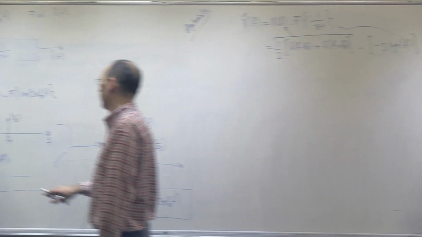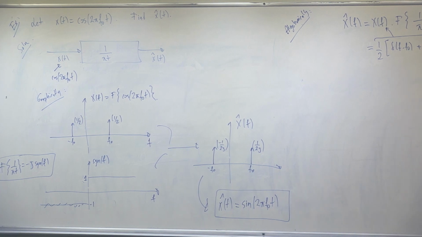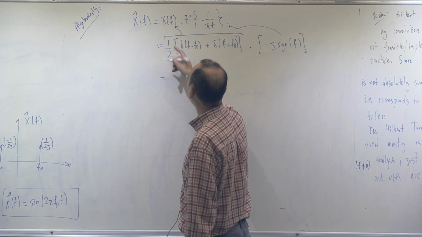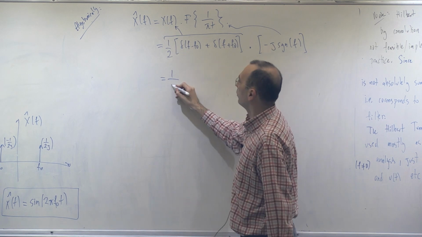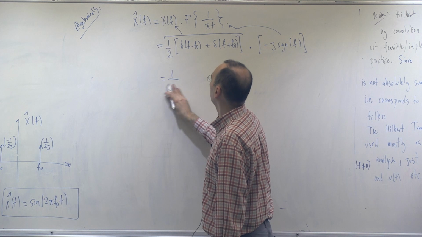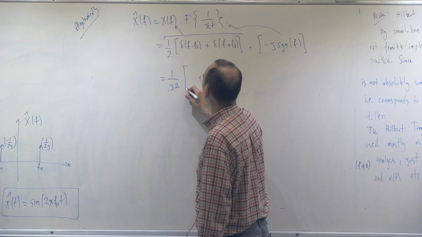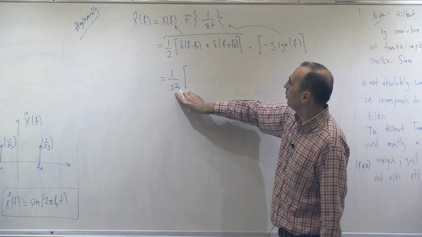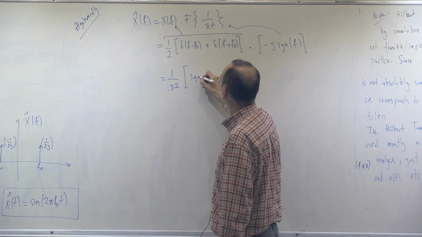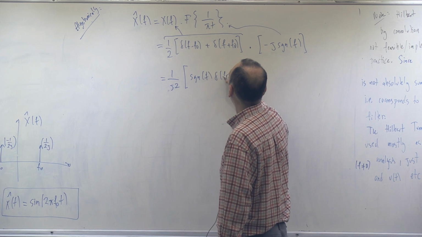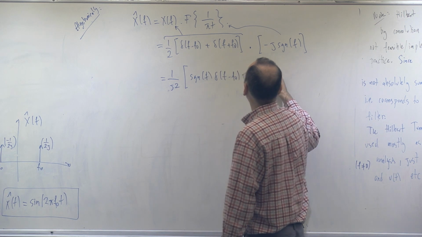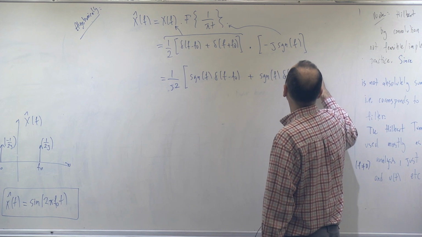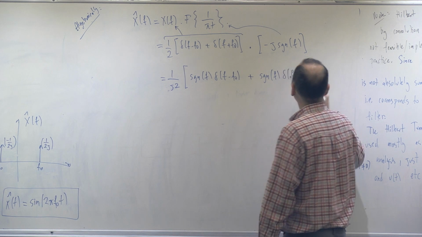Now I multiply them algebraically. Let me put this minus j in the denominator one more time, 1 over j2. Now I have signum f delta f minus f naught plus signum f delta f plus f naught.